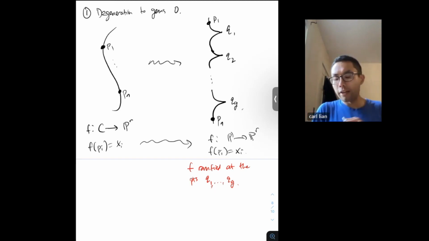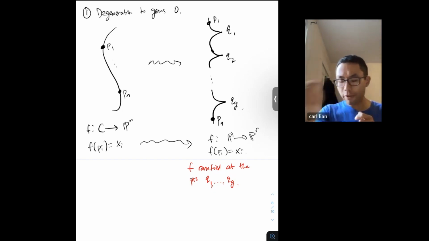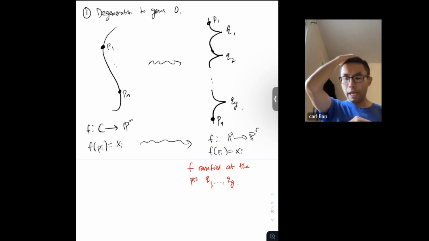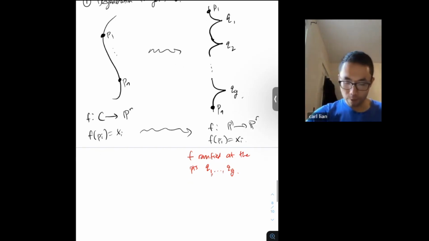Another way to say that is, if you take the linear series of sections of f, f is determined by R plus 1 sections of the line bundle O(D). There will be a hyperplane's worth of sections that vanish at the point, say Q1, and the condition is that actually all R of those sections vanish to order 2.